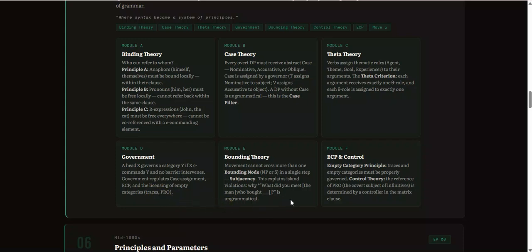Then bounding theory. Movement cannot cross more than one bounding node in a single step. Subjacency. This explains island violations. Why? This is an example: What did you meet the man who bought is ungrammatical.